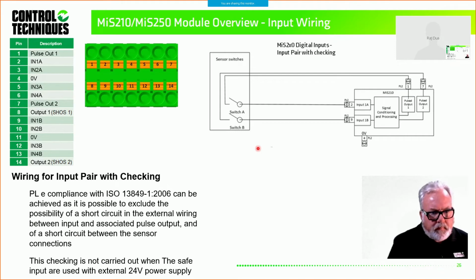Now, there's an example of using two safe inputs, right? You'll see in this diagram here, and you'll see over here too, input 1A, input 1B, input 2A, input 2B. Those are designed to operate as pairs, right?